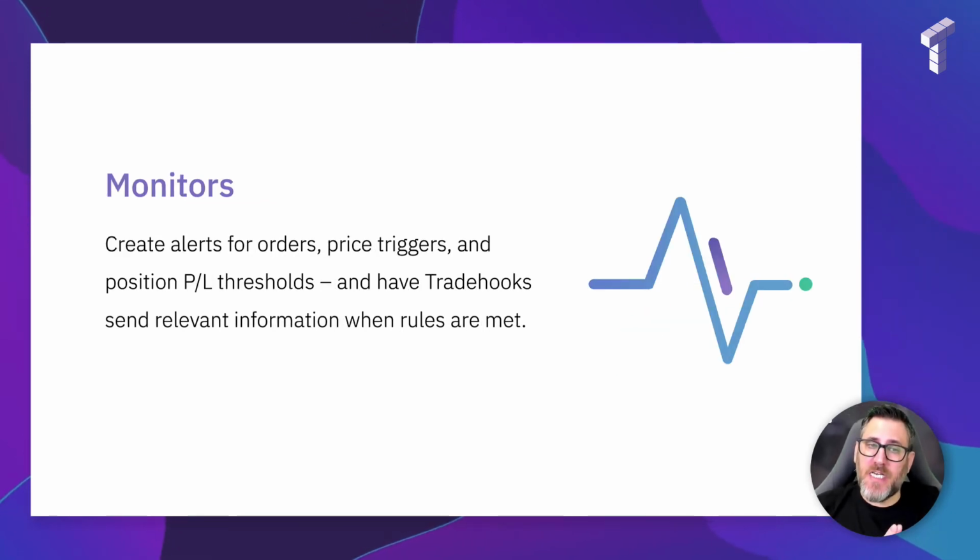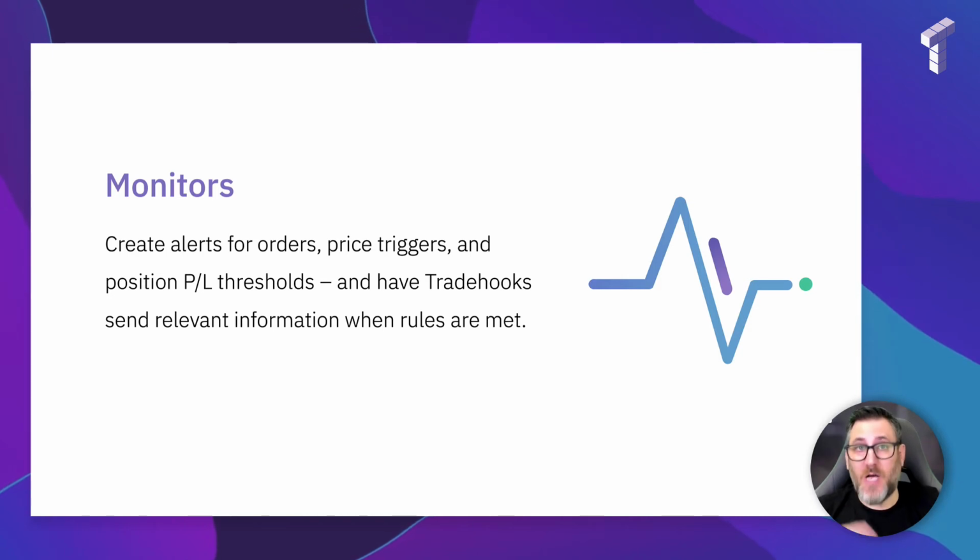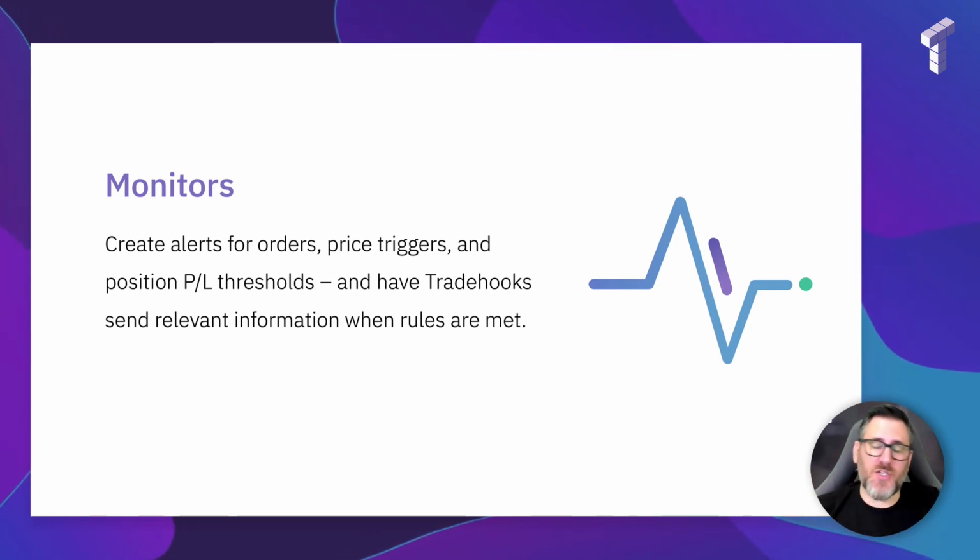Another thing is the monitors. So instead of, as I mentioned earlier, constantly having to check what's up with your positions and monitor trades and orders and margins and all of that, you can create a monitor for that. So you can create essentially alerts for orders, price triggers. I want to know, please let me know when Apple crosses $200, or please let me know when my position on broker A for this strategy goes above 1% or below 10% or whatever it may be.